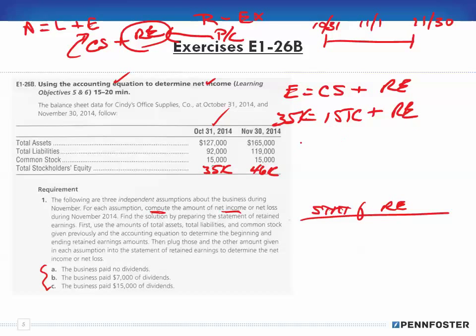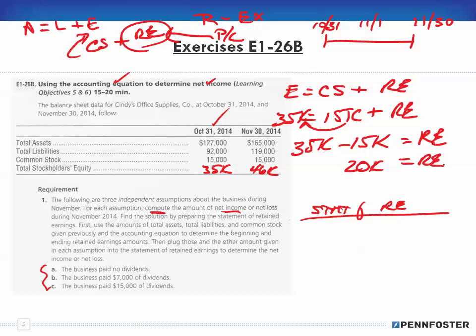So I isolate the retained earnings by going 35,000 minus 15,000. Remember, I'm moving it across the equal sign, so I change the sign, and that's going to equal my retained earnings. So my retained earnings is 20,000 for October.